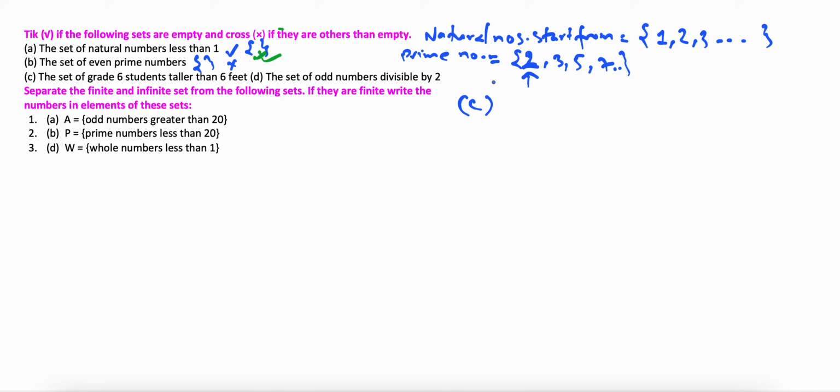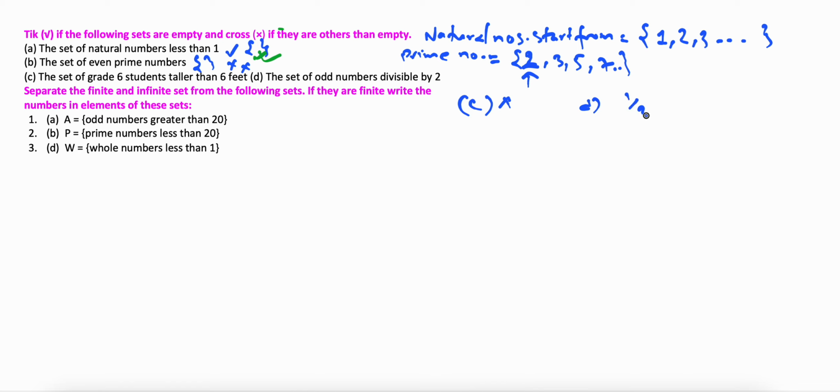And C, the set of grade 6 students taller than 6 feet, we can't say this, so this is also a cross. And D, the set of odd numbers divisible by 2.